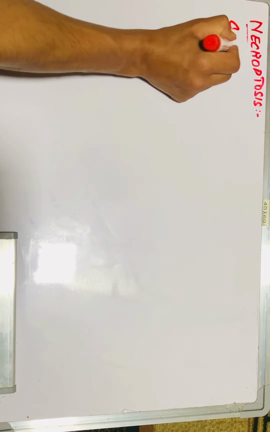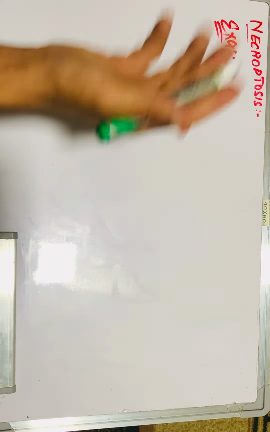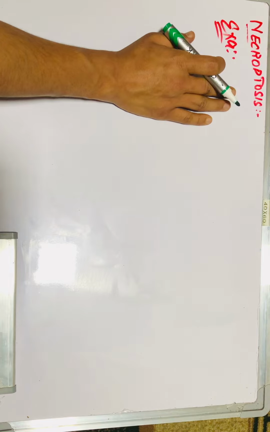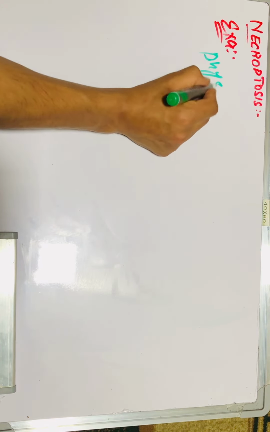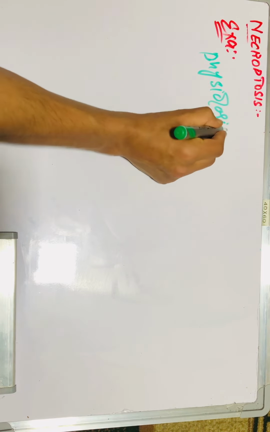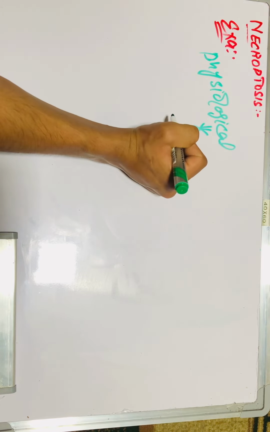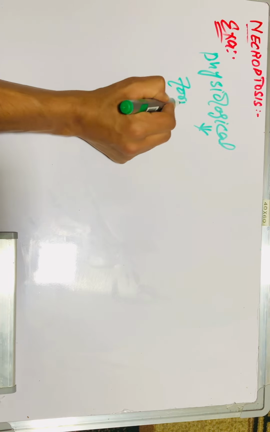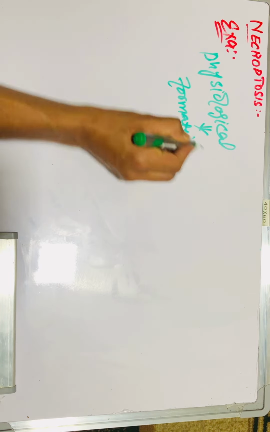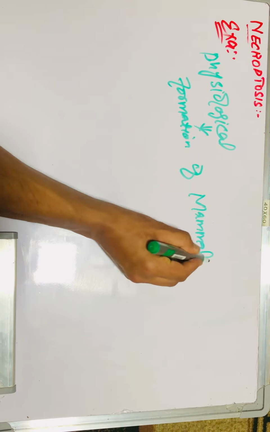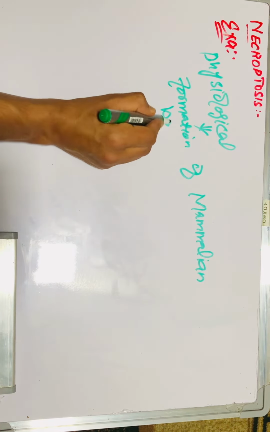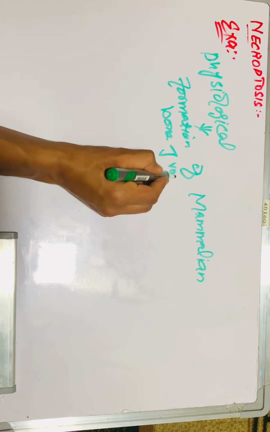Now we will discuss examples of where we can see necroptosis. It may occur physiologically. Where does it occur physiologically? It occurs in the formation of the mammalian bone growth plate.